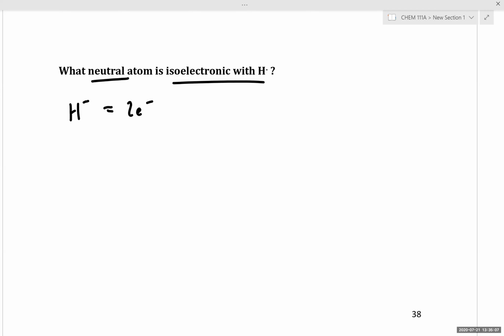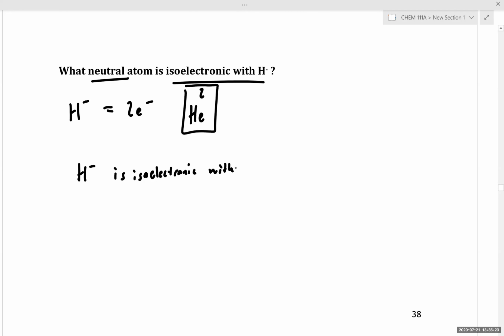Helium, exactly right. So if we look in the periodic table for an element with 2 electrons, that matches helium. So we say that hydride is isoelectronic with helium. Does this make sense to everyone so far?